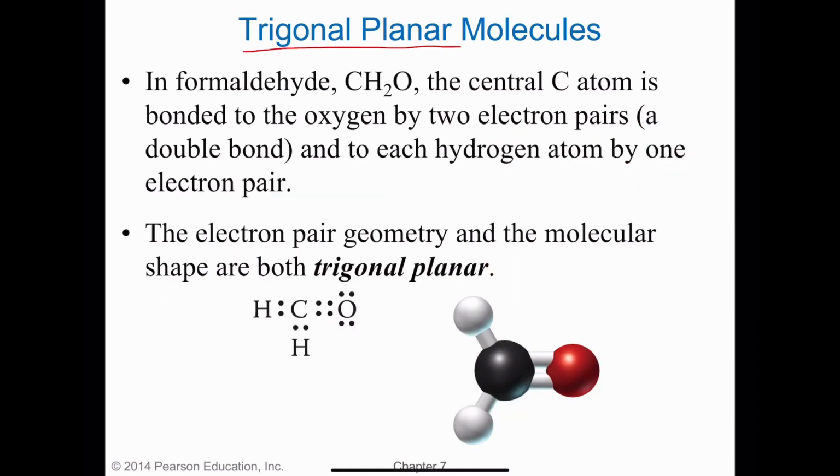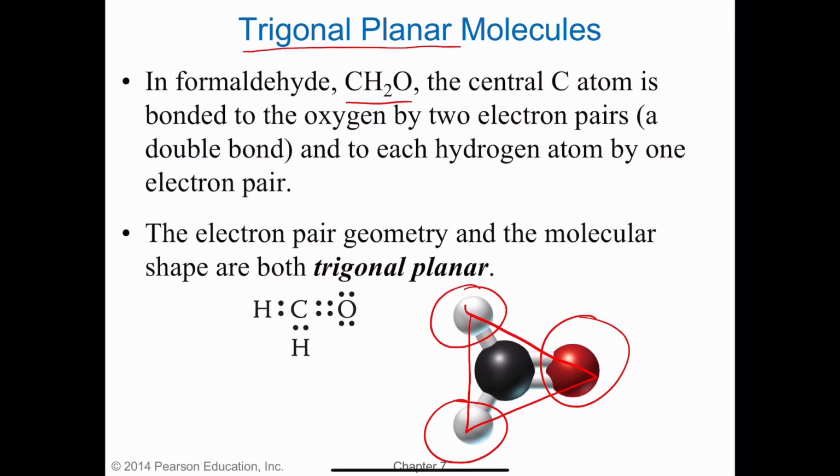If you've got 3 things around it, so in this example, CH2O formaldehyde, you've got a hydrogen, a hydrogen, and an oxygen. That's 3 things. If they were to spread out as far apart as possible, then you end up with this triangle shape. So if we were to connect these, it just makes a simple triangle. That's why it's called trigonal. And then they actually will be in the same plane.